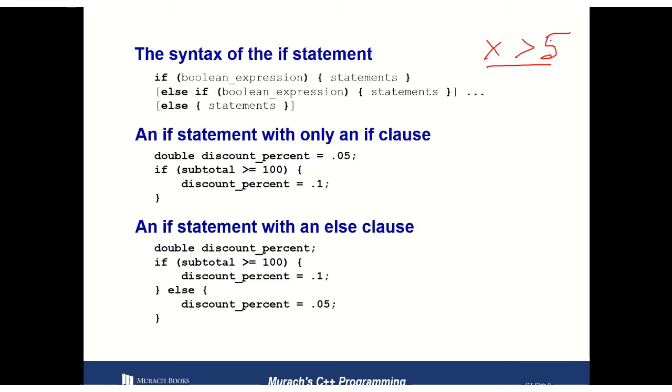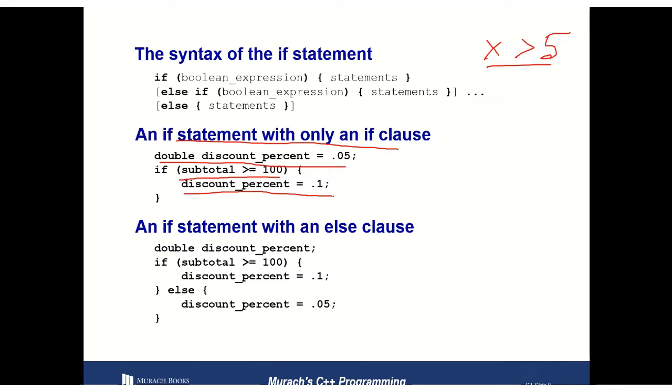If x is less than 5, that is also false. So you write if, the Boolean expression, then the statements. Here is an if statement with only one if clause: double discountPercent, and if subtotal is greater than or equal to 100, then discountPercent equals 0.1.